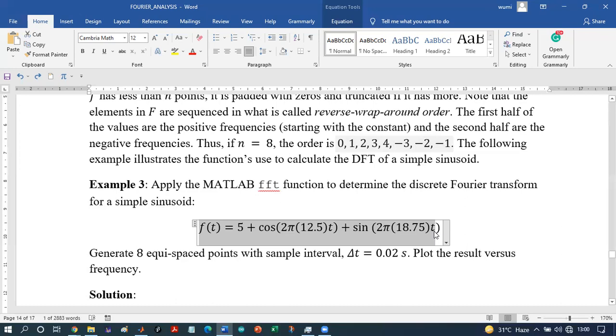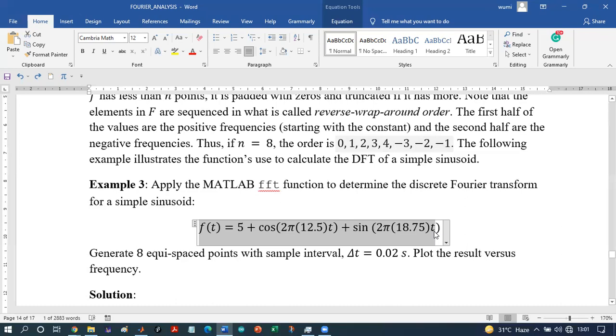So at f1, t is equal to 0.02: cos 2 pi 12.5 times 0.02 plus sine 2 pi 18.75 times 0.02.